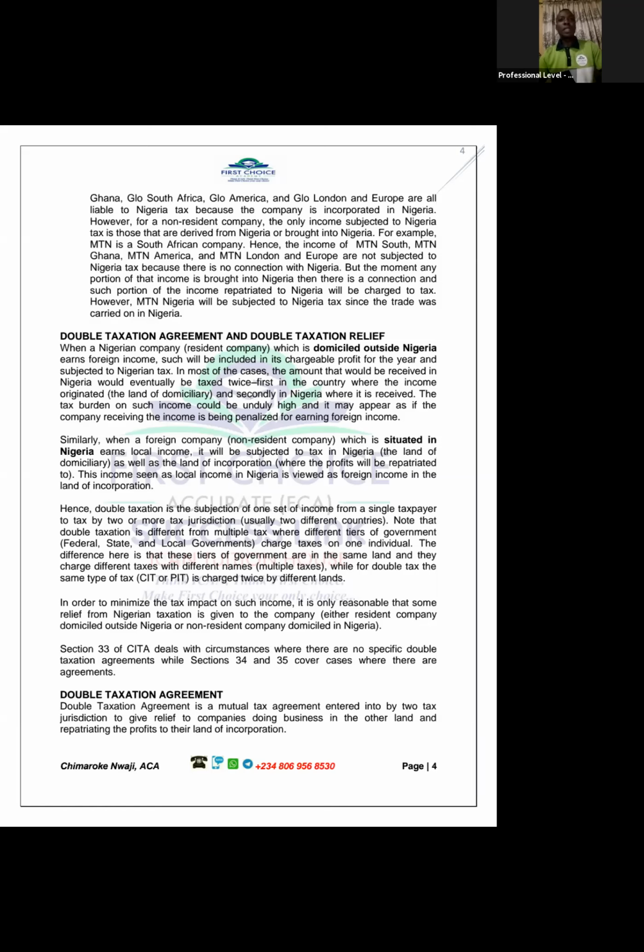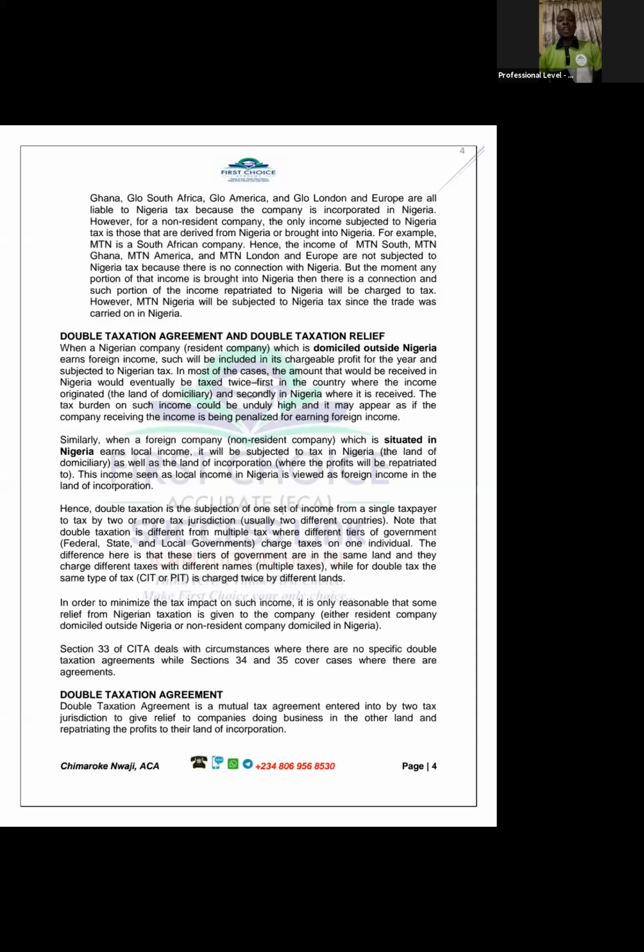And so what happens is this: whenever there is a tax, mind you, it's a Nigerian company registered in Nigeria but domiciled outside.